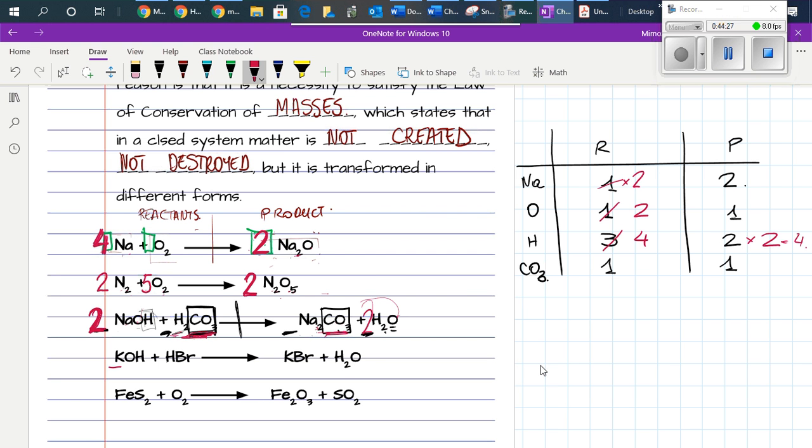What we see in this case is 1 potassium here and 1 potassium here. We have 1 oxygen and 1 oxygen on both sides. We have 2 hydrogens and 2 hydrogens here. And we have 1 bromine and 1 bromine.